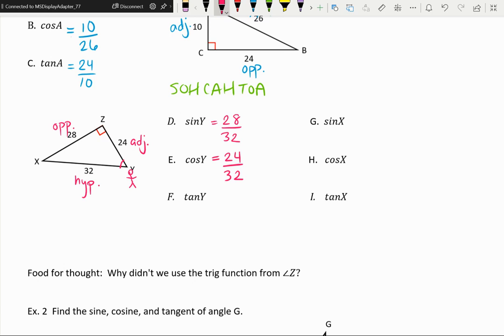And then tangent will be represented by the TOA. Tangent of an angle is equal to the opposite divided by the adjacent legs. So we named the opposite 28 and the adjacent 24.